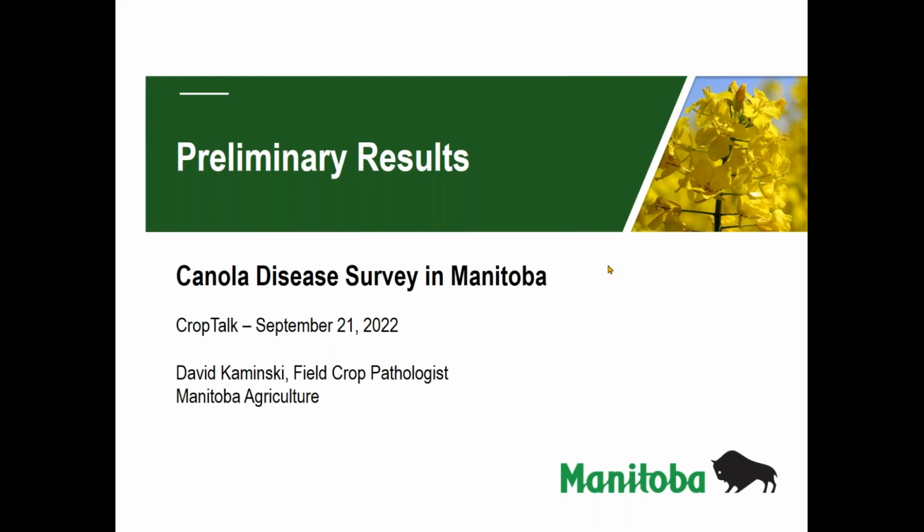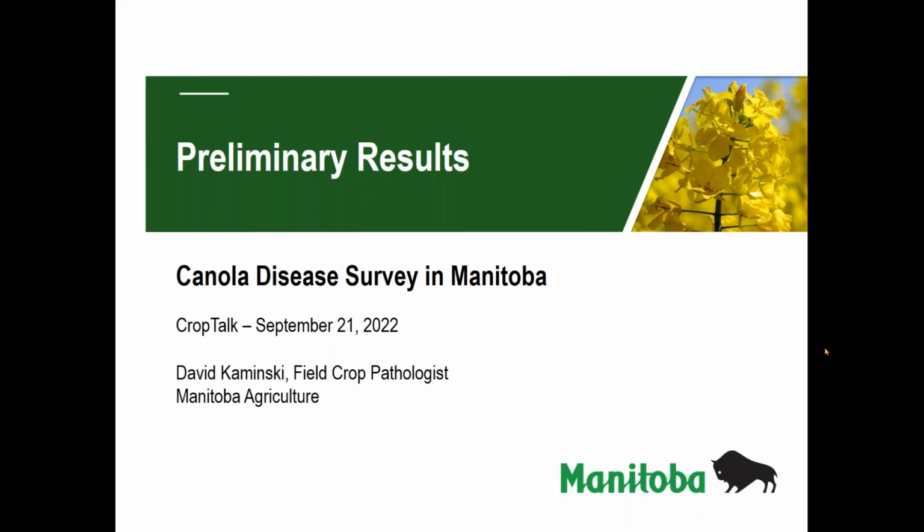So our canola disease survey for 2022 is pretty well wrapped up as far as fields being visited. There may be a few more from the far northwest of the province where seeding was really delayed. But we have over 100 fields now where I've got data sheets, and I've done a quick summary of those, especially looking at Verticillium Stripe, because Lionel has said there are questions about this.